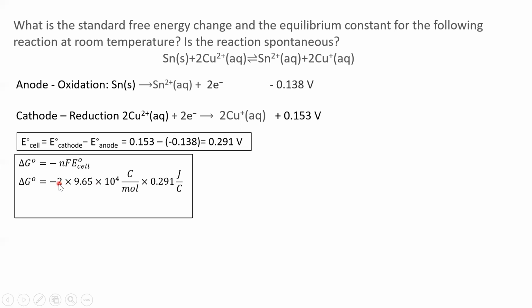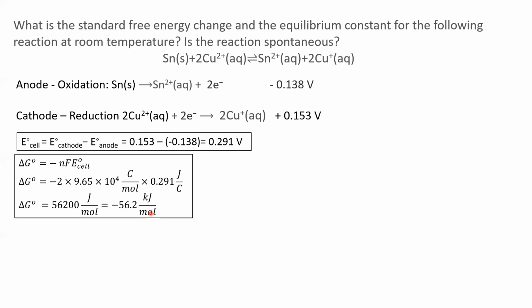And the 2 is the moles of electrons that are being transferred between our oxidation and our reduction. So delta G is negative 56,200 joules per mole of electrons, or negative 56.2 kilojoules per mole.